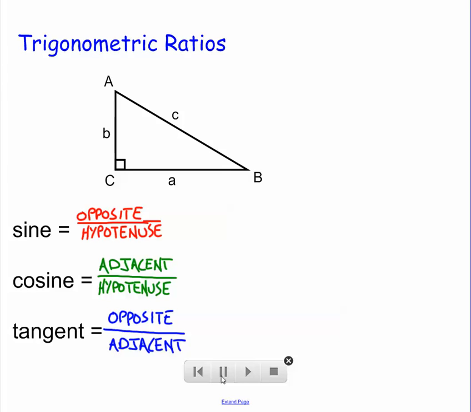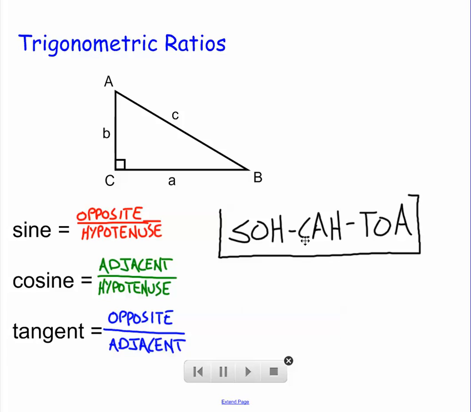And what we've got is a little phrase to help us remember these three ratios. Pretty common. A lot of people use it. It's called SOH CAH TOA. SOH CAH TOA. That'll help you memorize these. That stands for: the SO is sine is opposite over hypotenuse. The CAH is cosine is adjacent over hypotenuse.